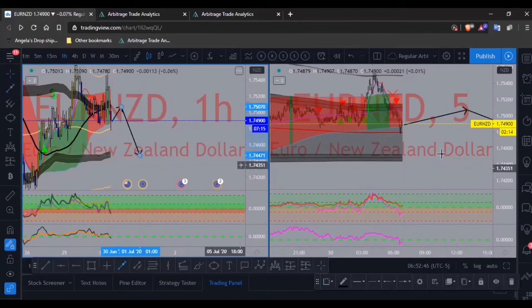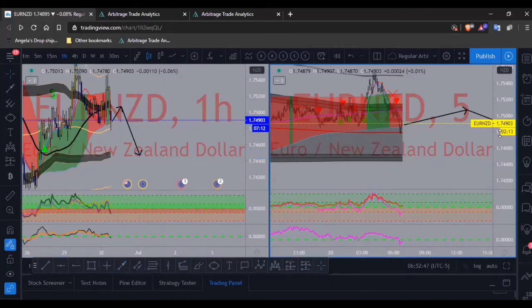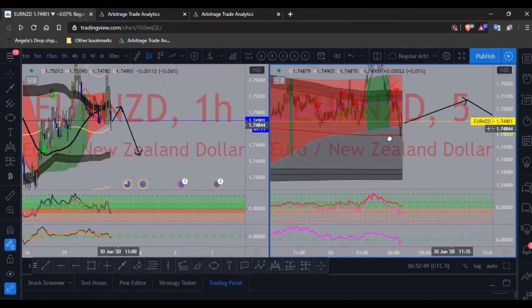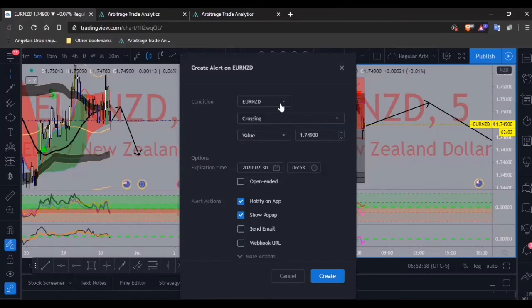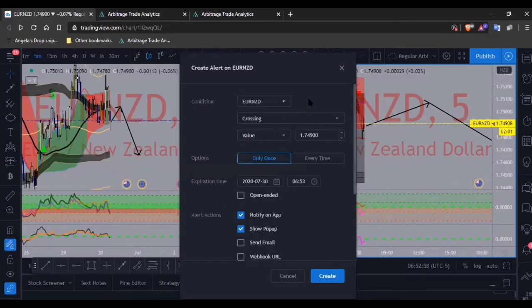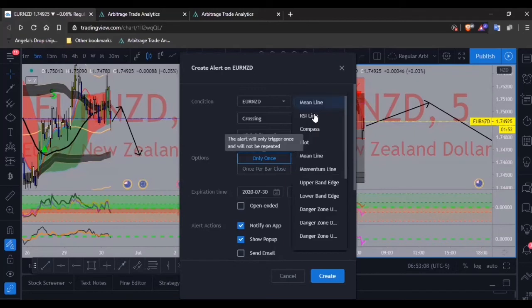So the alert that I'm going to set for here is, on the 5 minute chart, Euro NZD. Actually, no, I'm just going to leave it at Euro NZD crossing value. I want to come to the RSI line.